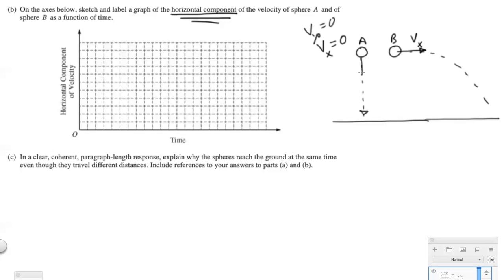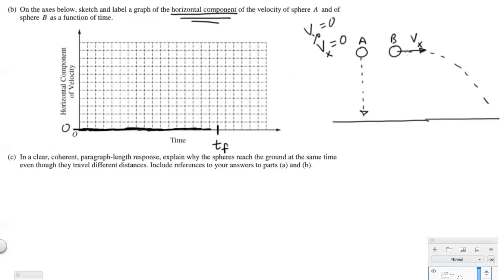Sphere A has vertical velocity only for the whole journey to the ground. So therefore, horizontal velocity is 0. So let's diagram that. So right here, this represents 0. So the velocity of sphere A, and let's just say like right here, would be TF, because they defined that earlier. TF is the time spent in the air for both sphere A and B.